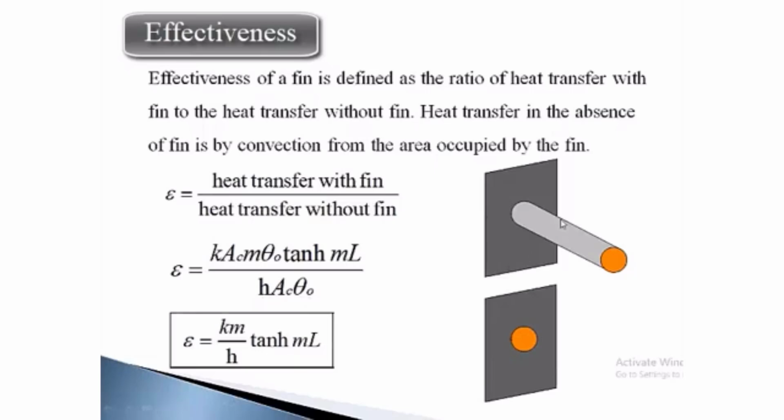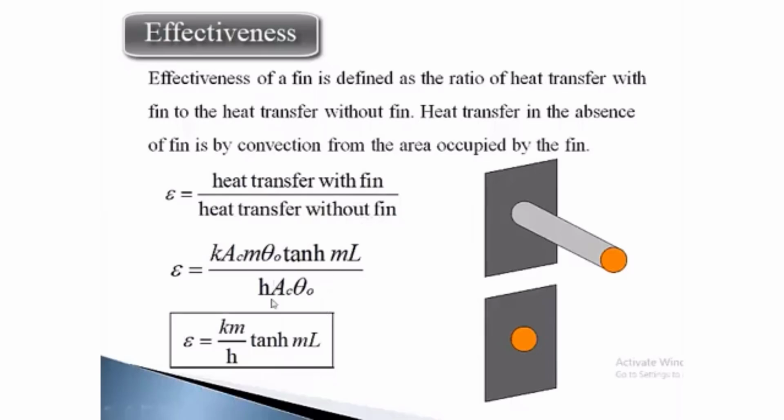But when you provide a fin, the heat transfer is kAc theta 0 tanh mL, neglecting the heat flow from the edge. And this ratio will give the effectiveness of the fin. So effectiveness is the heat transfer with the fin divided by the heat transfer without fin.